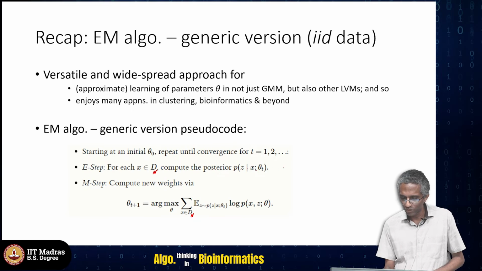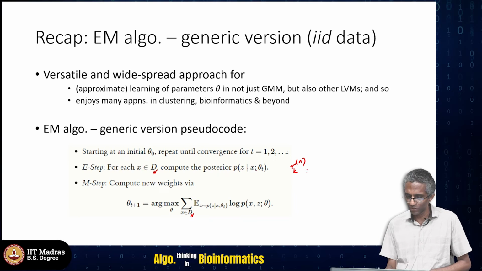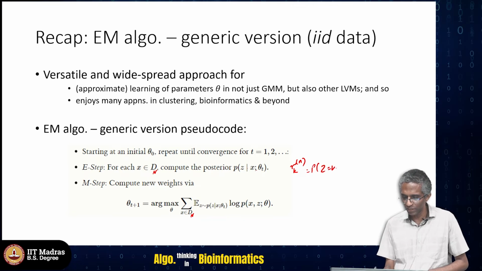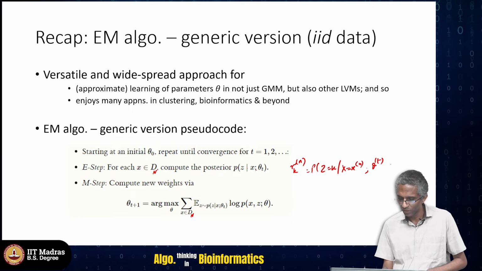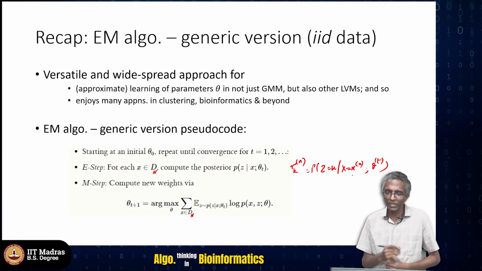This can also be represented using the responsibility vector rk of n, which is the probability that z equals k given x equals xn using the current set of parameters theta t. I am going to just call it theta t to avoid confusion with the theta 1 and theta 2 used for coin A and coin B.